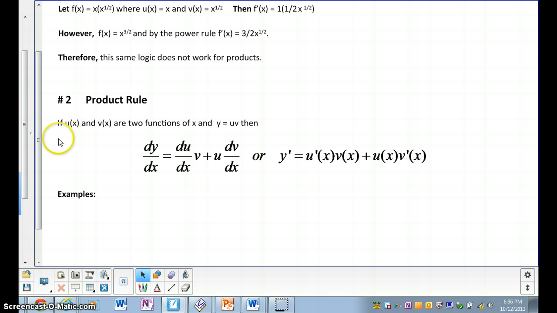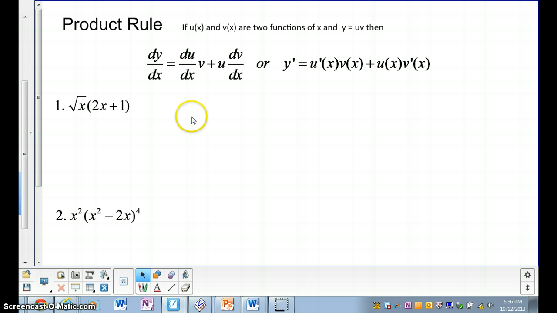Okay, let's look at some examples. Here's a first example for the product rule, and I'm going to use the way it's written on our blue packet, and that's how you'll see it on the IB exam. Remember that this is the same thing as the prime, it's just written in a little different format.